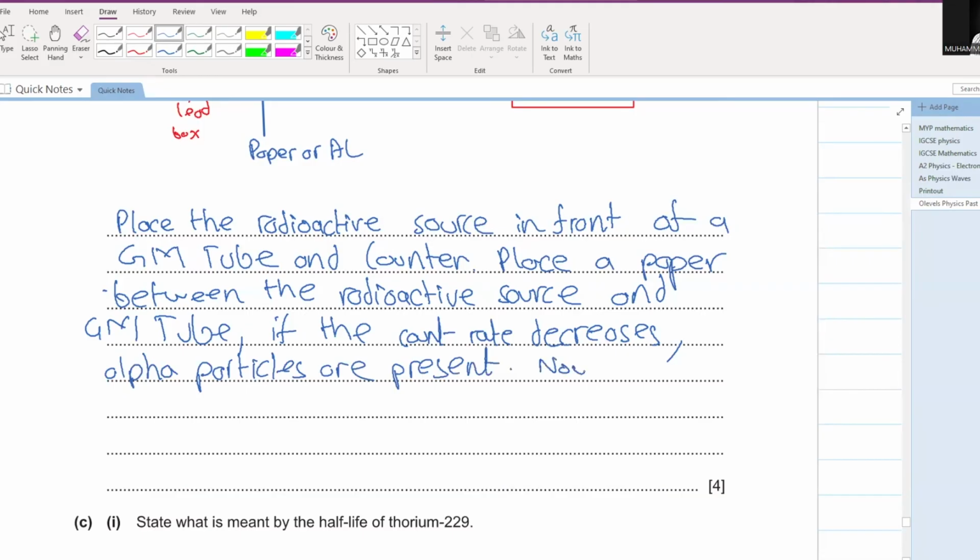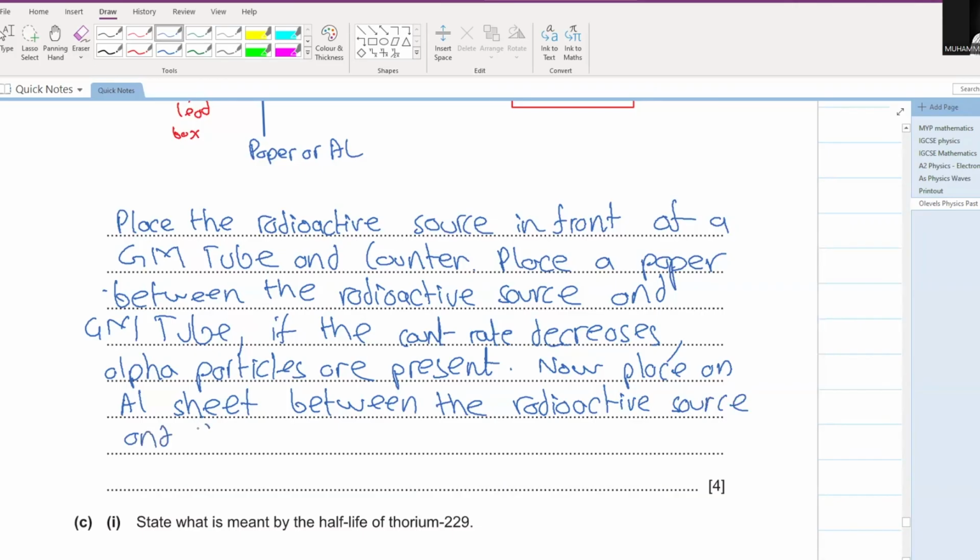Now place an aluminum sheet between the radioactive source and GM tube.